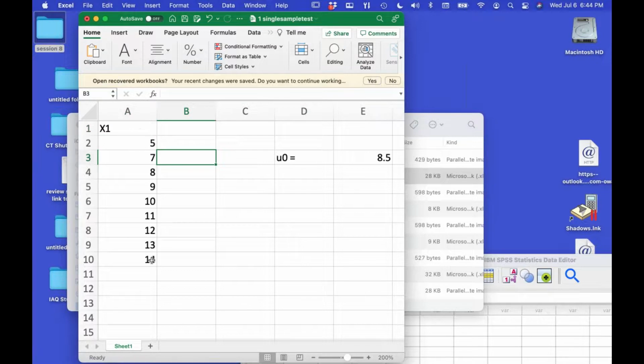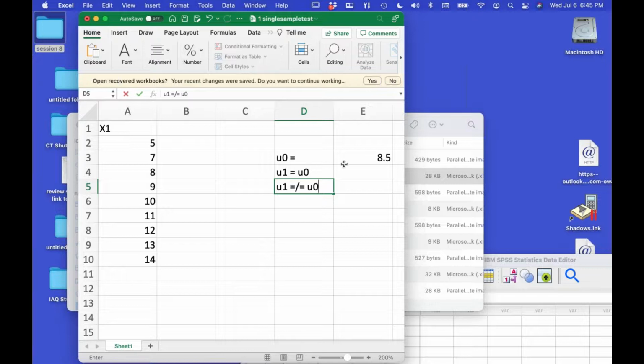And I want to know whether the mean for 1 is equal to the mean for 0, or in other words, equal to 8.5. Are those two means equal to one another? So that becomes my null hypothesis. My alternative hypothesis is that mu1 does not equal mu0.